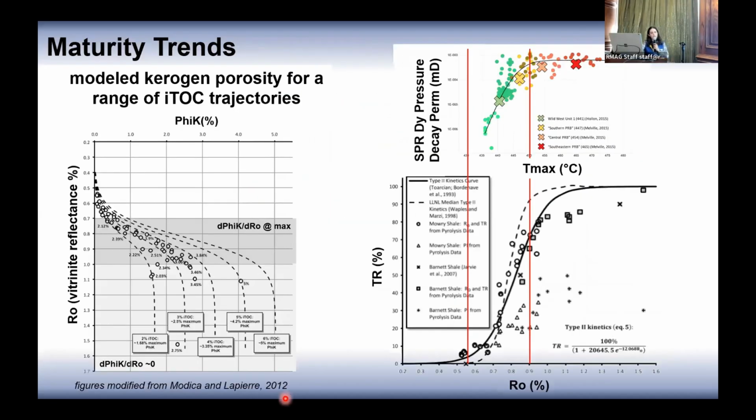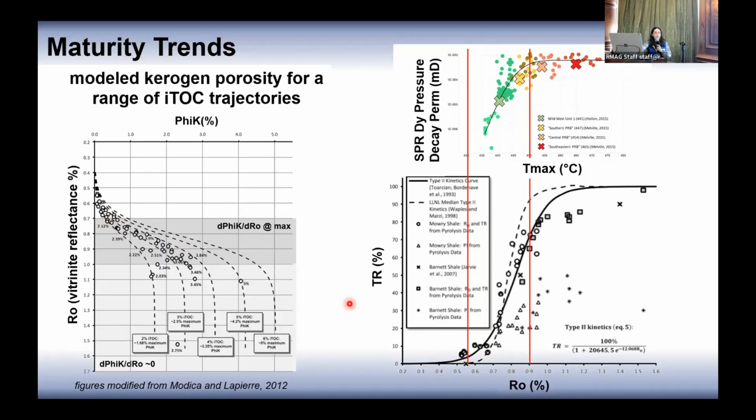comes back to that Monica and LaPierre paper from 2012. So one of the things they did was model carriage and what they called carriage and porosity for a range of initial TOCs. I think a lot of us would probably be happier calling that organic porosity, but that's a discussion for another day. And so what you can see on their plot is the greatest rate of change in organic matter porosity is developing in this range from an Ro of about 0.7 to 1.0.